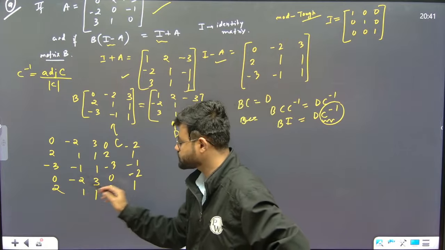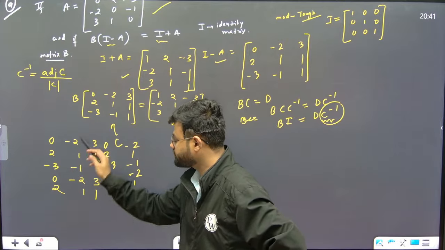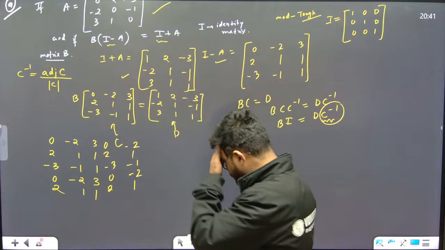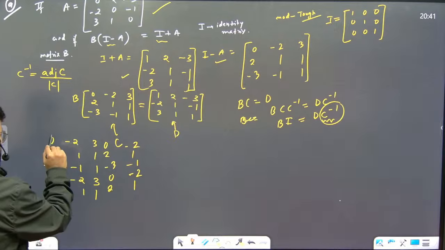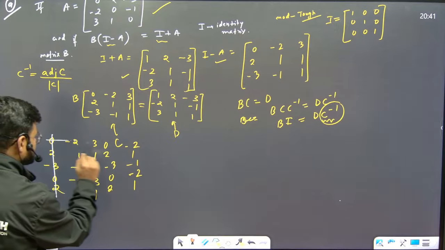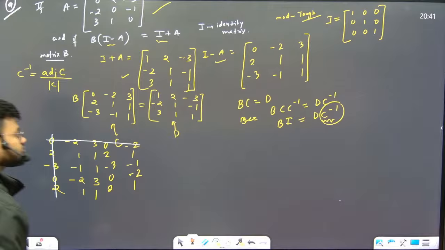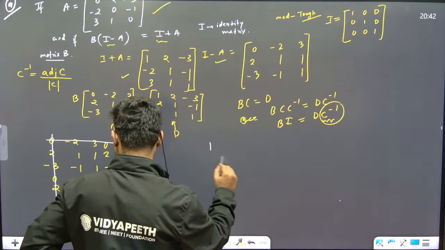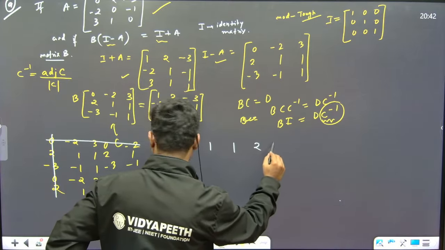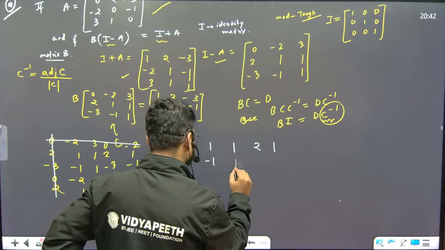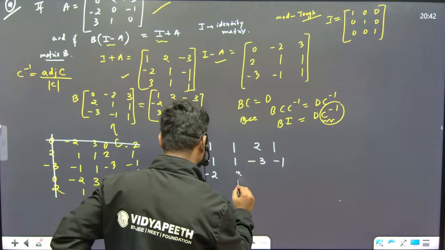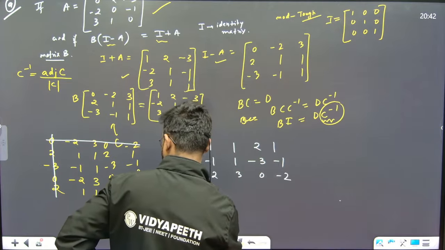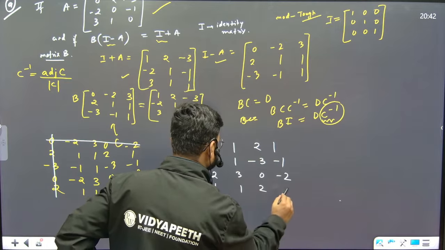First I have copied the first two rows, and after that the first two columns. Now after this step you cancel the first row and first column. I'm going to be left with 1, 1, 2, 1, -1, 1, -3, -1, -2, 3, 0, -2, and then 1, 1, 2, 1, right?